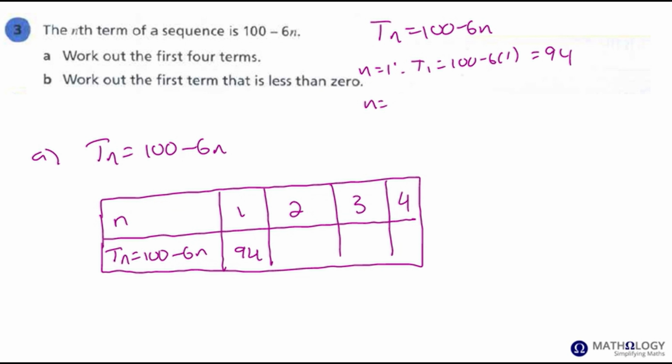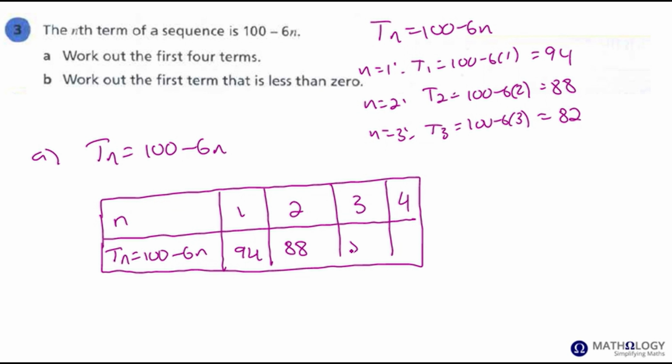When n equals 2, term 2 is 100 minus 6 times 2. 100 minus 12 is 88. When n equals 3, term 3 is 100 minus 6 times 3. 100 minus 18 is 82.